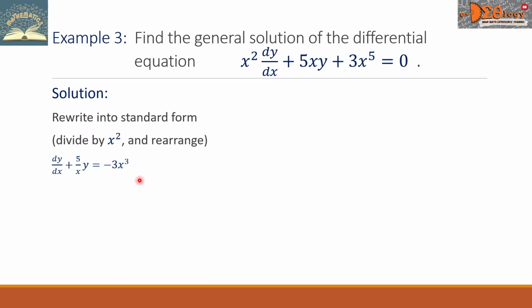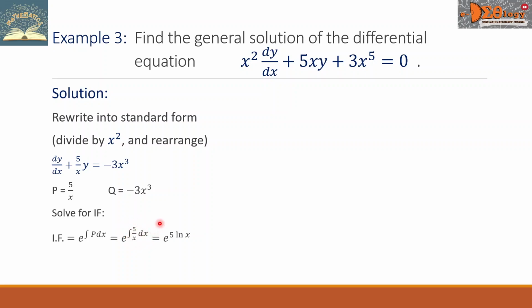So once it is in standard form, we can now collect the P and the Q values respectively. The P is the coefficient of y, that is the 5 over x, and the Q is the value negative 3x cubed. Then we go for step 1 to solve for IF. Our formula, e raised to the integral of P dx. Our P is 5 over x, so we have e raised to the integral of 5 over x dx.